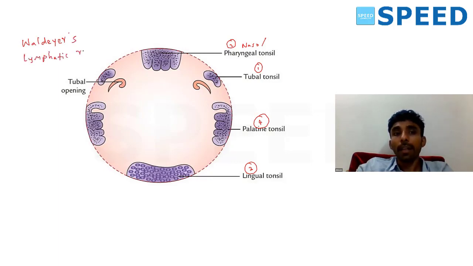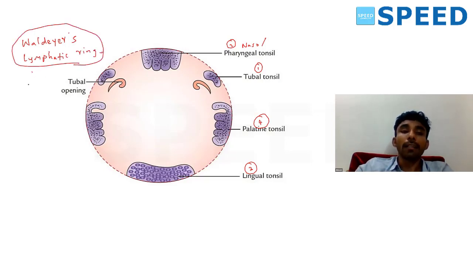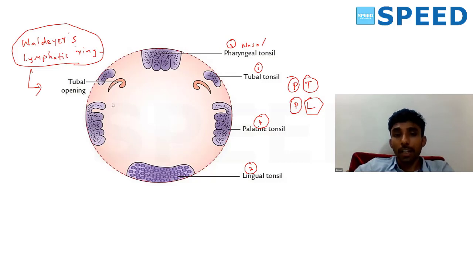Remember the four structures together forming the so-called Waldeyer's lymphatic ring. If you want, you can remember it as PTPL: pharyngeal tonsils, tubal tonsils, palatine tonsils, lingual tonsils. All the four types of tonsils together form one circular arrangement called Waldeyer's lymphatic ring.